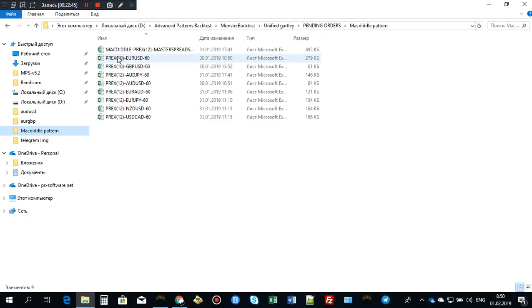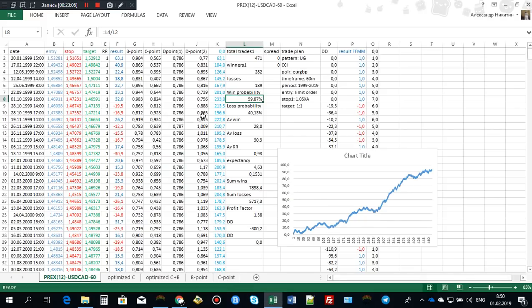So we just backtested all major pairs using this Prax algorithm. Prax is the most common algorithm, so typically we start from this algorithm and then we check the patterns on other algorithms. You see all major pairs were backtested, and let's have a look at this dollar Canadian.